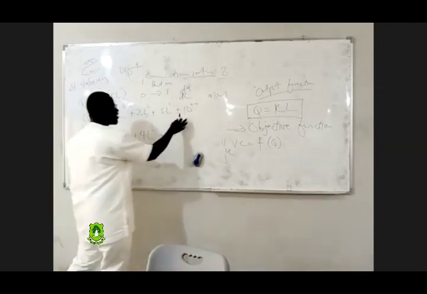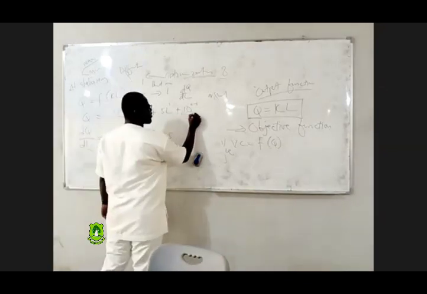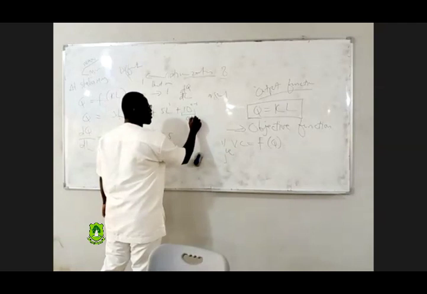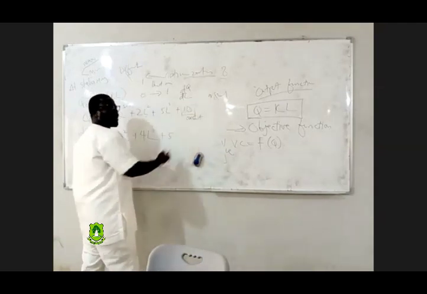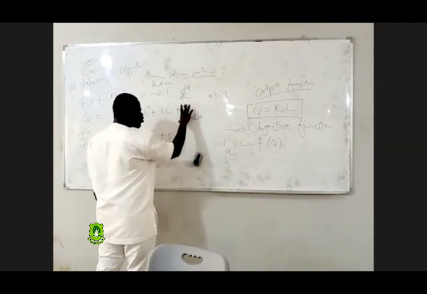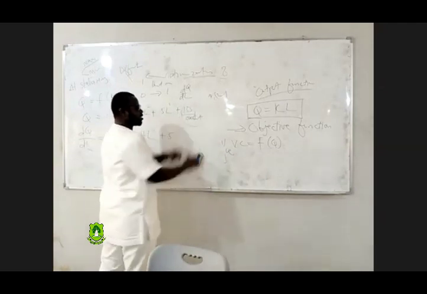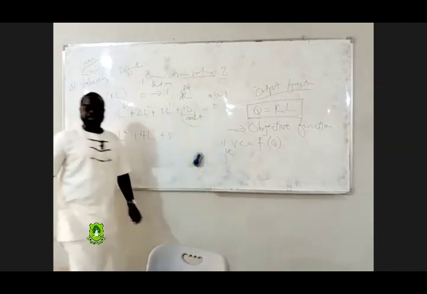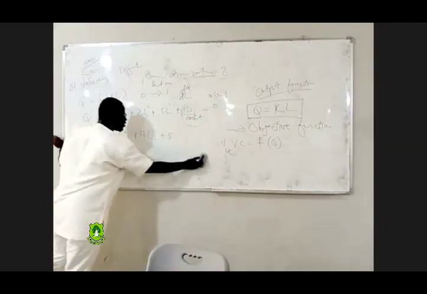So please note that 10 here is constant from the equation. And the differential of a constant is 0. Please note, the differential of a constant is 0. So this is the differential.